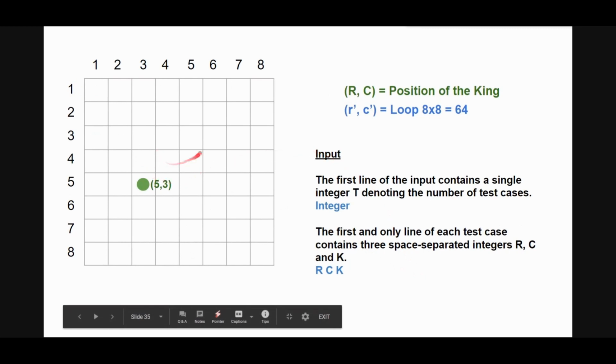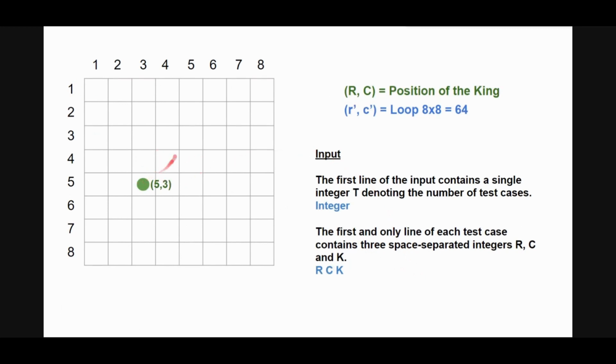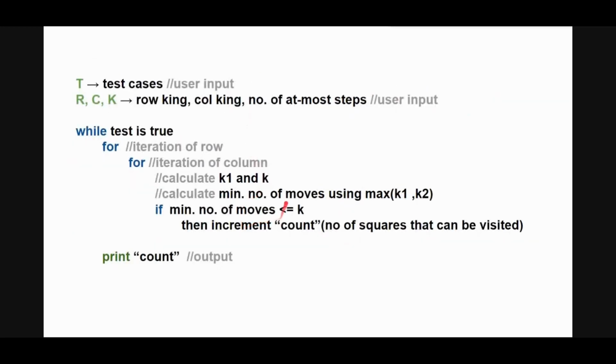Here we'll check a condition: if the minimum number of moves is less than or equal to k. If this was 4, so if the point was here, then we will take more steps, so this is an invalid point. That will be checked here, and if this is true, the count will be incremented. If this is not true, the count won't be incremented.